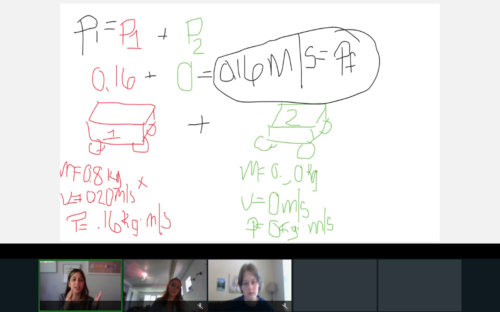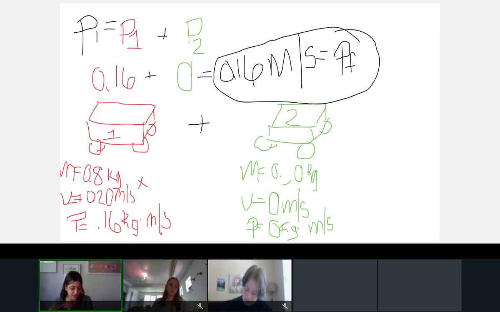Remember that momentum before the collision was all in wagon one. It collided with wagon two. And even though the total amount of momentum is going to be the same from before the collision to after the collision, that doesn't mean it stays in one wagon; it's going to transfer some of that momentum into wagon two. So now we're trying to figure out, after they've collided, what is that momentum for wagon one?